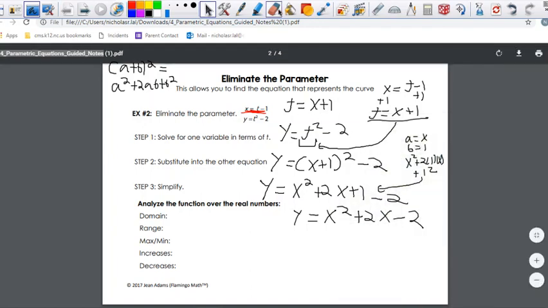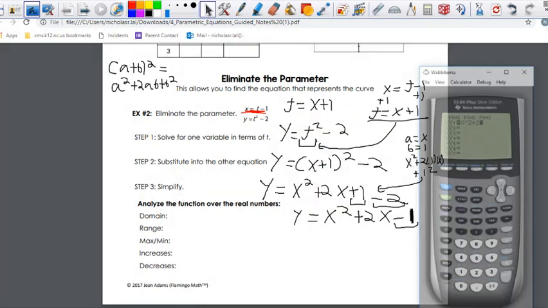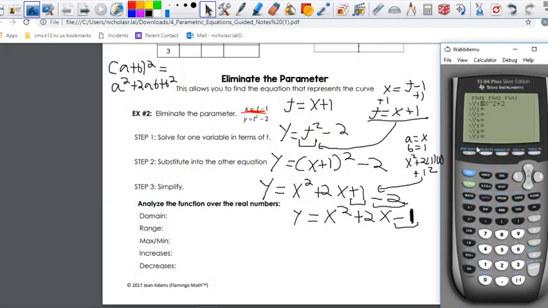I messed up here. 1 minus 2 is going to be negative 1, not negative 2. Minus 1. And the reason why it's minus 1 is that positive 1 minus 2 becomes negative 1. Okay? So my apologies. So that's x squared plus 2x minus 1.